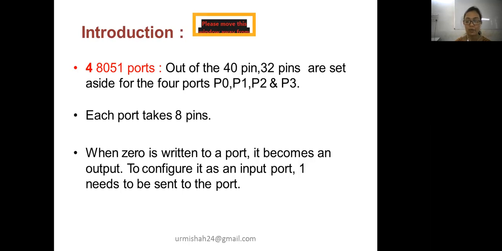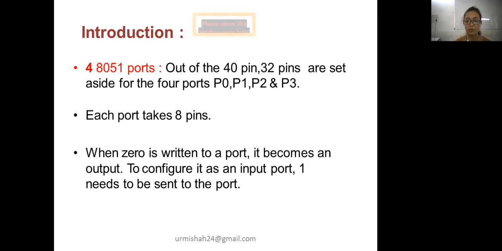At that time, your IO port will be treated as output port, and you are writing some data from memory to the IO peripheral. So that is called output port. Output port means you are writing some data from the memory of the controller to the IO device.